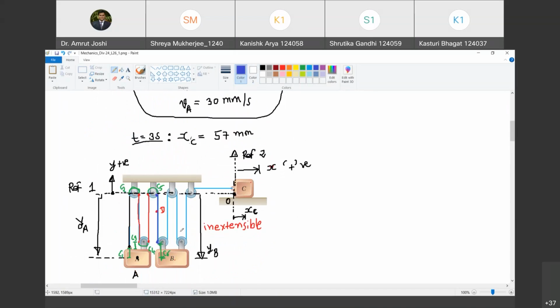And what can you say about this length, this length, and this length? All of them are the same. Yes, sir. Are you with me? So how many times? 1, 2, 3, 4. Do you agree with me? Yes, sir.